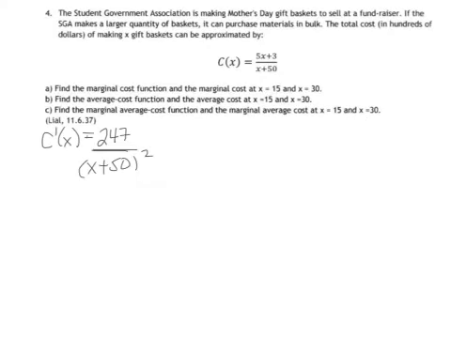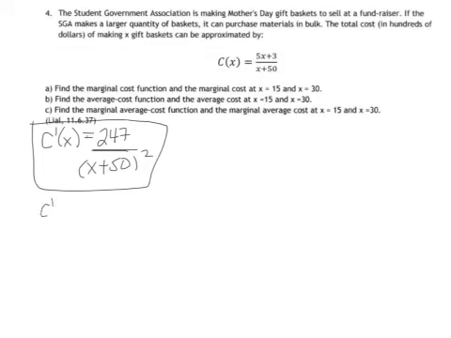So I've written the marginal cost function here from page 1. And now to look at what else we are asked to do, it says find the marginal cost at x equals 15 and x equals 30.